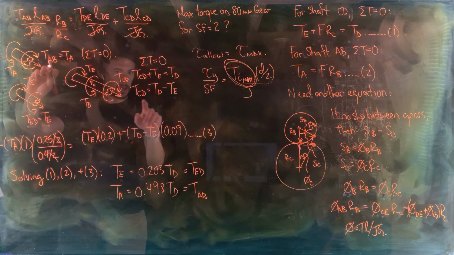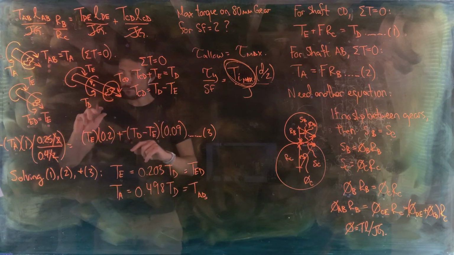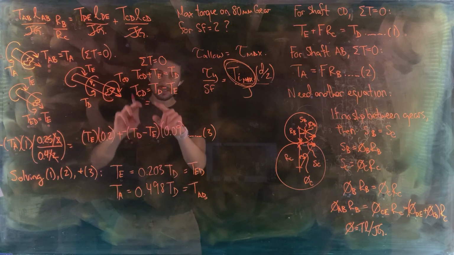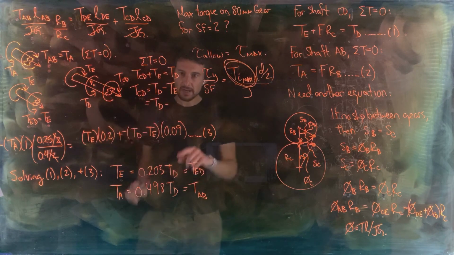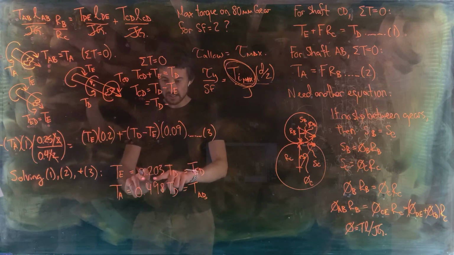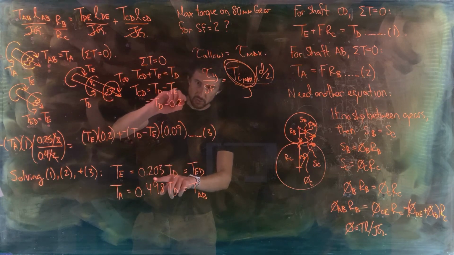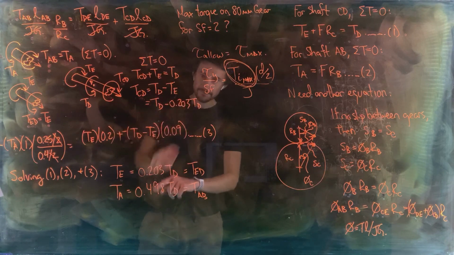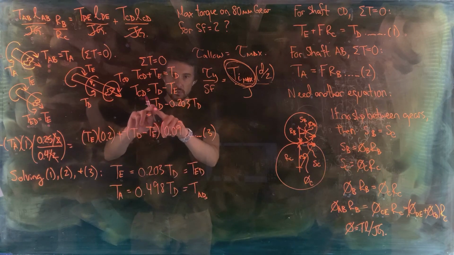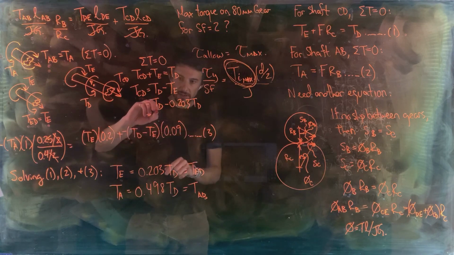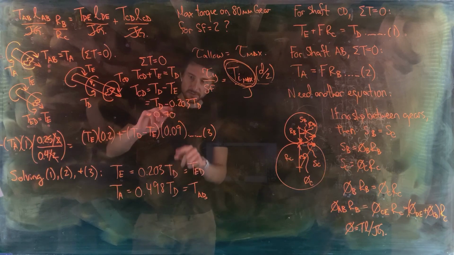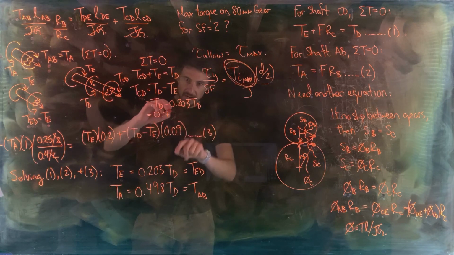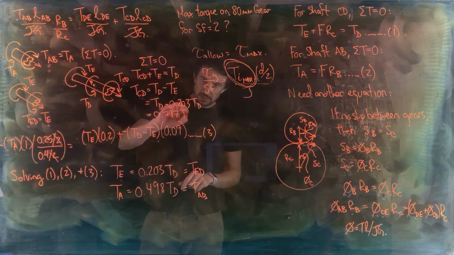We don't know yet what TCD is, but now we can find that out very easily because TCD is just TD minus TE. So we've got TD minus, what's TE? TE is 0.203 TD. So that gives us 1 minus 0.203. That's 0.797 TD.